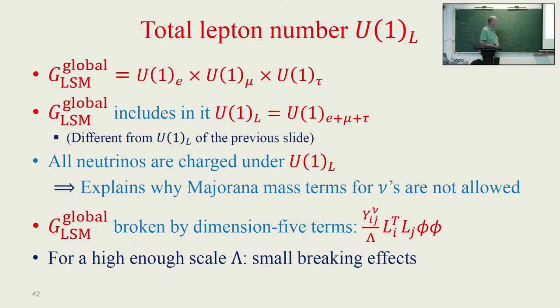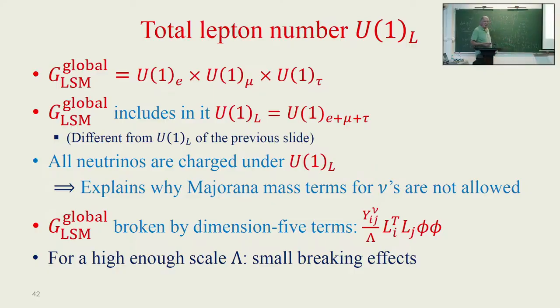However, since they are charged under accidental symmetry, it explains why the Majorana mass terms are forbidden for the neutrinos, and actually it's forbidden not just at leading order, the tree level, but to all orders in perturbation theory. We'll come back to it later.